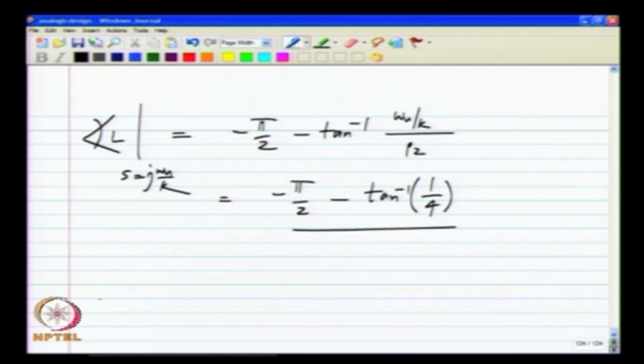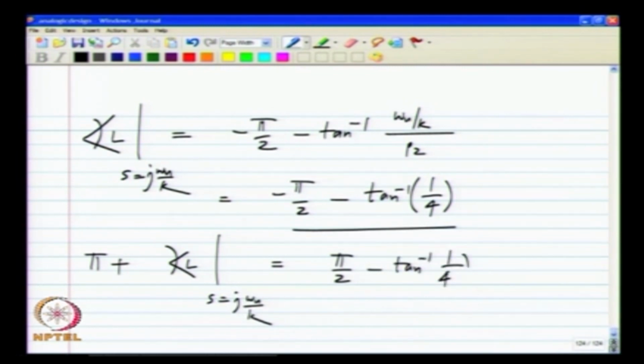Okay. And the phase margin is nothing but pi plus angle of L at j omega u by k, which turns out to be pi by 2 minus tan inverse 1 by 4, which is equal to tan inverse 4, which corresponds to 76 degrees.